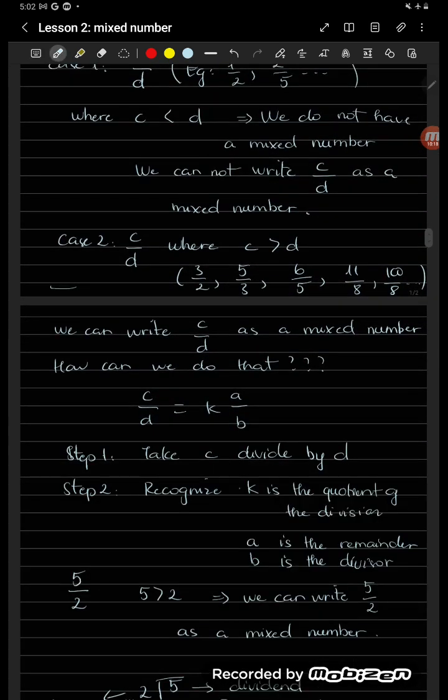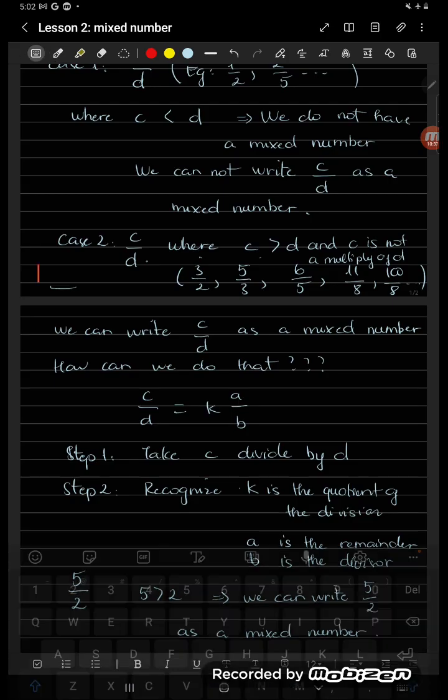Okay, so for case 2 here, the fraction c over d, where c is greater than d and c is not a multiple of d.